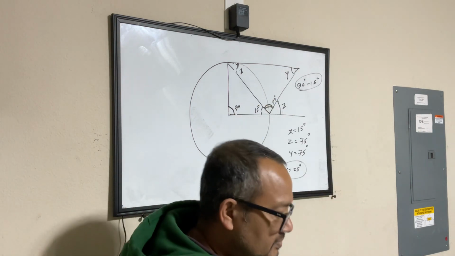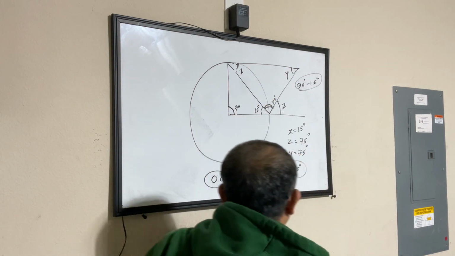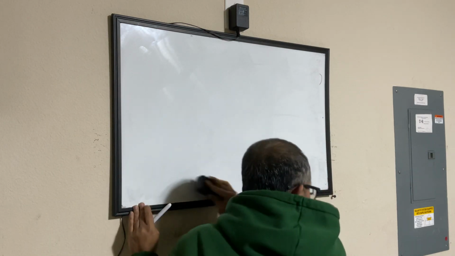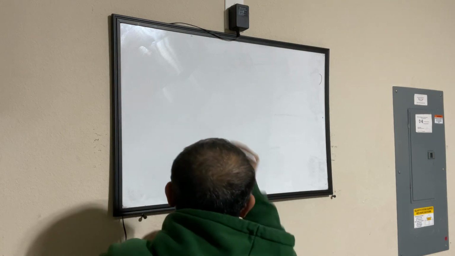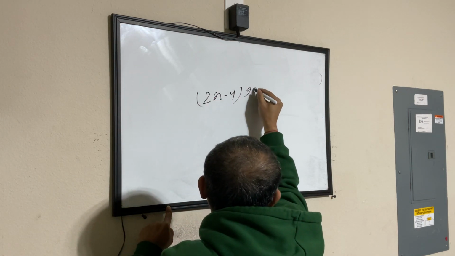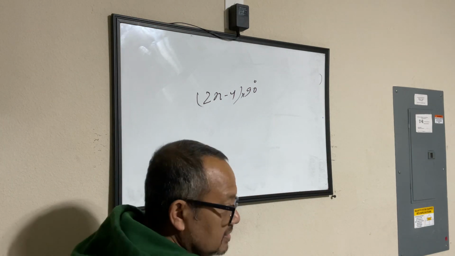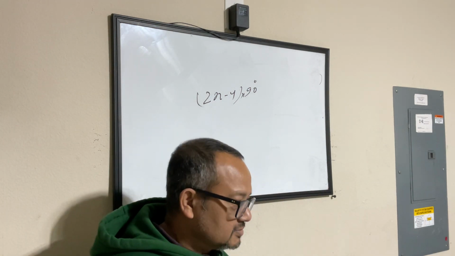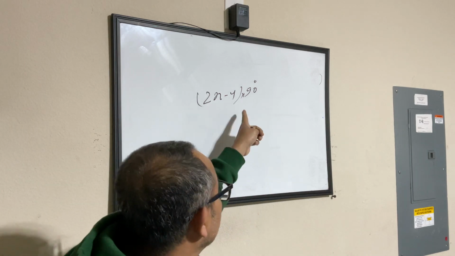Yep. 75. 75. Now, the magical formula that I wanted to tell you guys relating to this is called 2n minus 4 into 90 degrees. Okay. 2n minus 4 into 90 degrees.